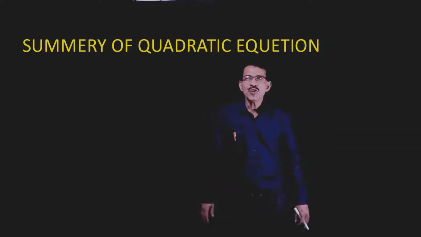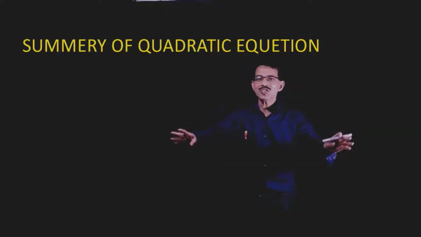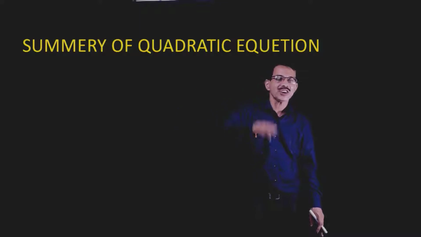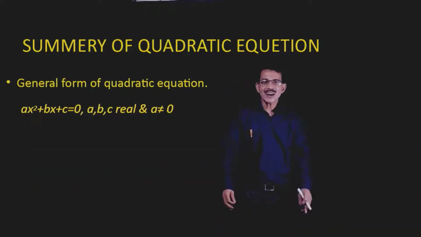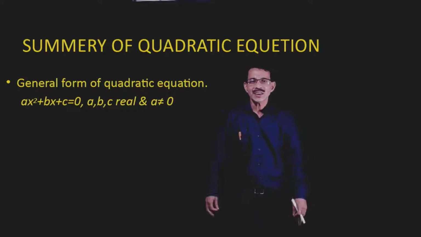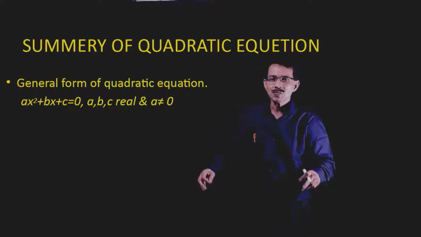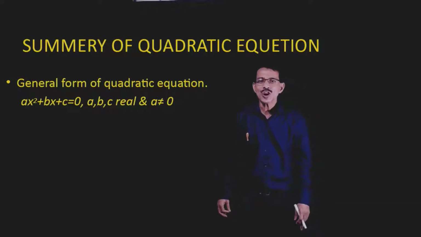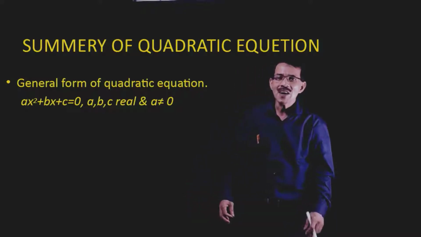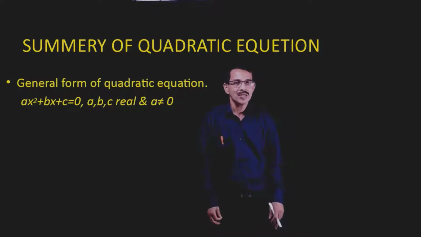In this video, we will summarize all that we have studied in quadratic equations. The point number 1 is the standard form of quadratic equation, ax square plus bx plus c is equal to 0, where a should not be equal to 0 and a, b, c should be real.